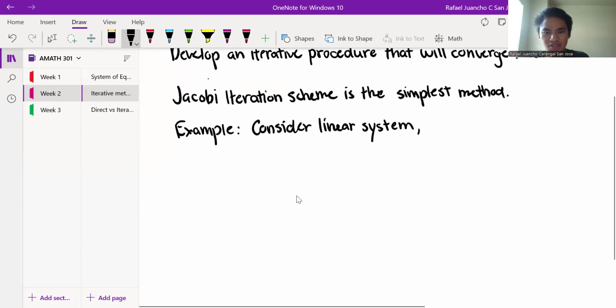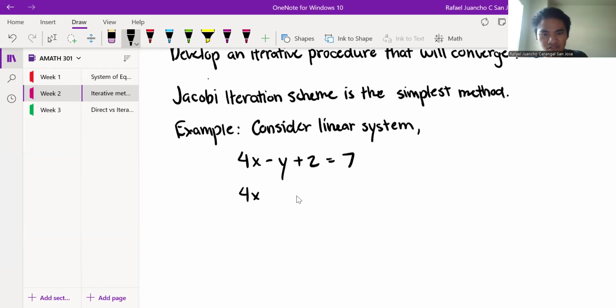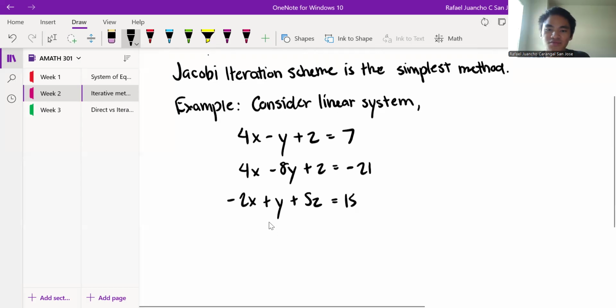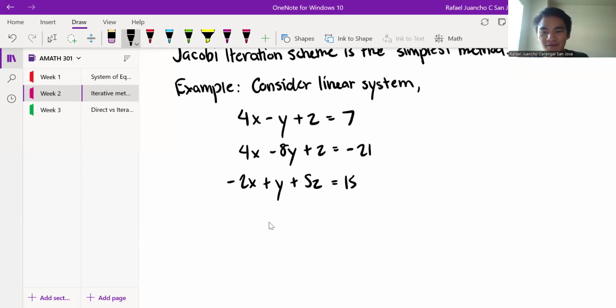This linear system has three unknowns: 4x minus y plus z equals 7, 4x minus 8y plus z equals negative 21, negative 2x plus y plus 5z is equal to 15. Okay, so that's our linear system.